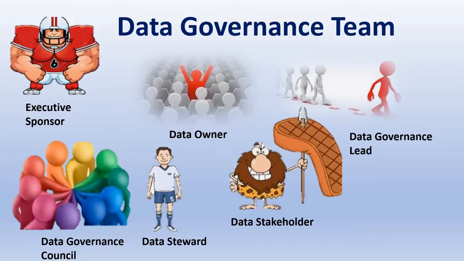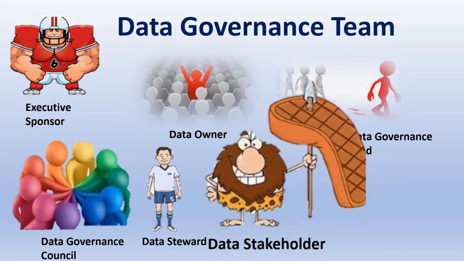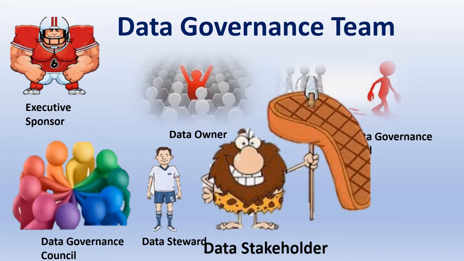The data stakeholder. A stakeholder in any data governance program is an individual or a group that could affect or be affected by data governance decisions, processes, policies, standards, etc. The obvious examples of stakeholders are institutional researchers, data managers, data architects, and business intelligence staff.